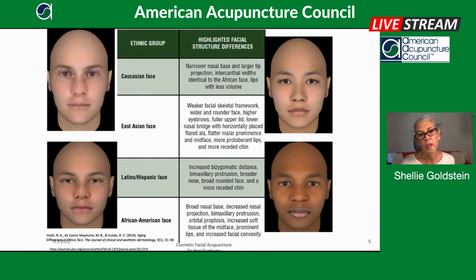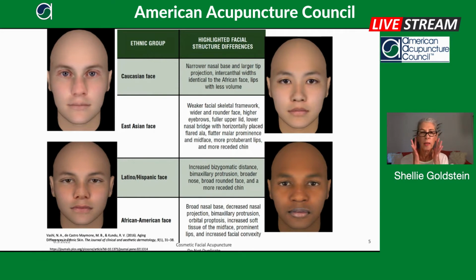For a Latino or Hispanic face, typically the bizygomatic distance right in here is a little wider, the maxillary protrusion is a little wider, the nose is a little wider, and then the chin is a little more receded. And then an African American face has a much broader nasal base and decreased nasal projection.